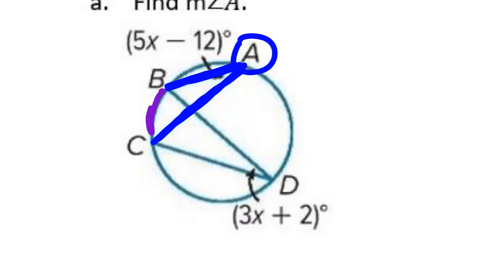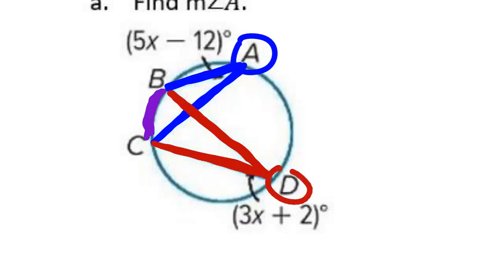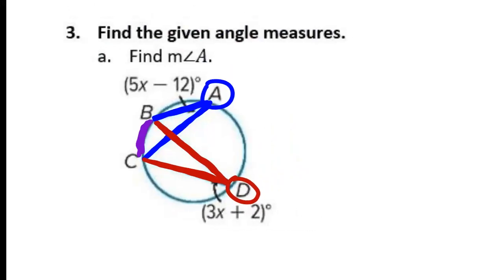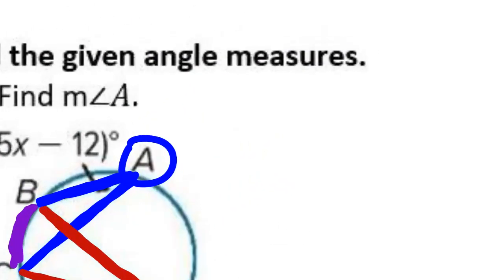Here is the arc that it is intercepting. But when I look at that arc, I notice that there are 2 more sets of lines coming into it. B also has this line coming into it, and C has this line coming into it. So angle A and angle D are intercepting the same arc.